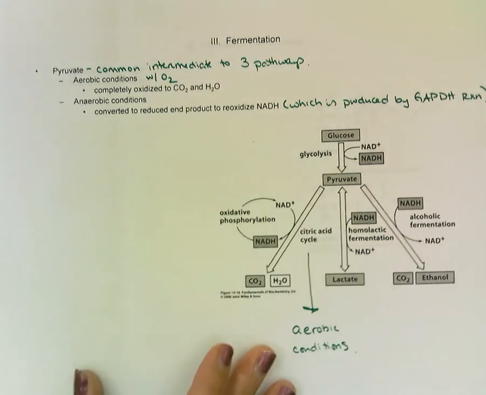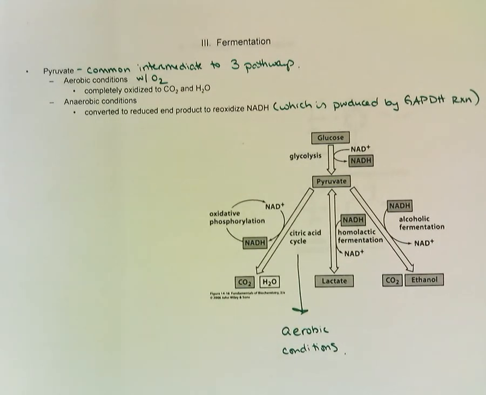So if there's no oxygen, our pyruvate will be converted to, in your body, lactate, in order to reoxidize the NADH, which was produced in the GAPDH reaction. So it's going to feed back. It reduces the NAD back to NAD+, so it can go back up into the glycolysis cycle.